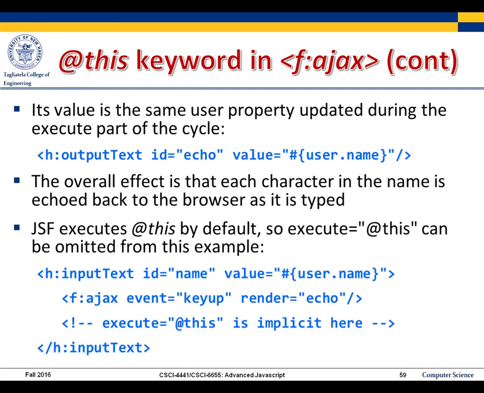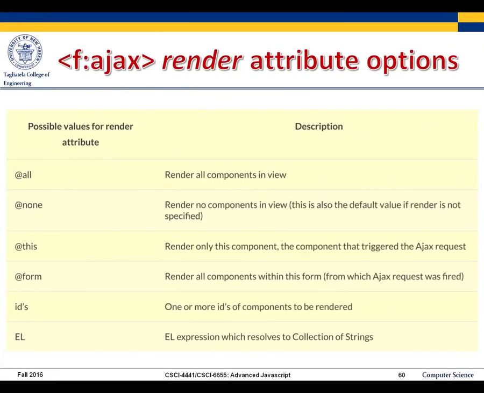This is actually the output that would be echoed. Okay, that's basically that. So again, these are the attributes. You can say all, none, this, or form, the list of IDs. And also, another thing that's kind of useful is to have an expression language list which resolves to a bunch of strings. So you can actually do it in a programmatic way, too.